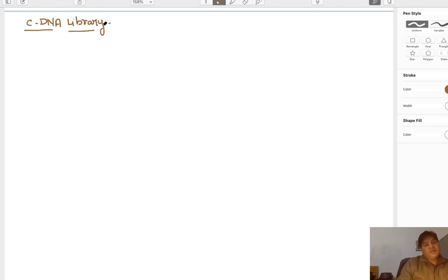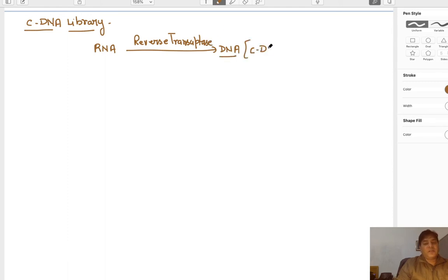Now cDNA is a DNA which is formed from RNA, if the RNA is converted into DNA with the help of an enzyme, reverse transcriptase. Now this DNA is technically complementary DNA, or cDNA. Alright, now this cDNA is ligated into the cloning vector, because in a cloning vector we cannot ligate the RNA.